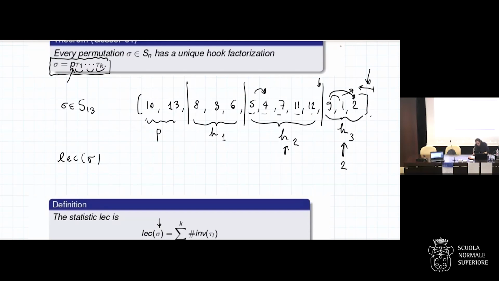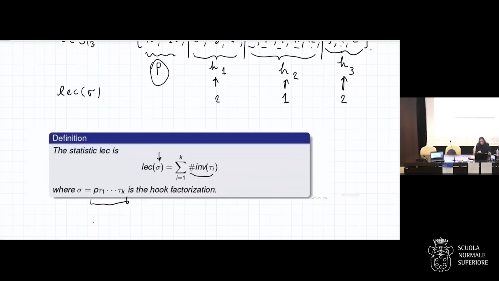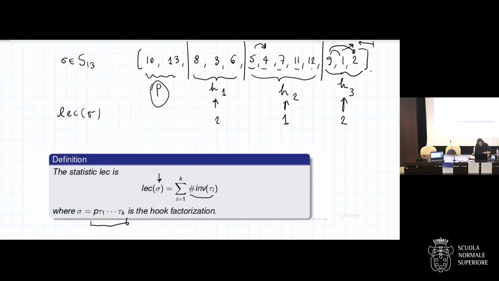And then we have another inversion in this hook, because 7, 11, and 12 are in increasing order and are bigger than both 5 and 4. So here we have only 1 inversion. And then looking at the last hook, we have 2 inversions. Of course, no inversion appears in the prefix, but we are not interested because we only have to count the inversions appearing in each hook. So in this case, the LEC statistic computed here is 5.